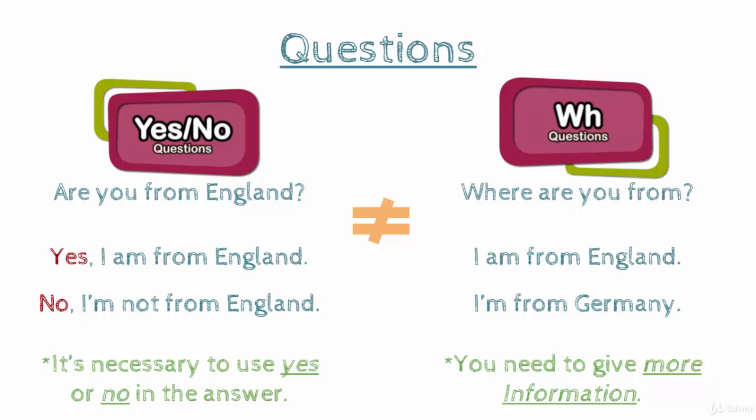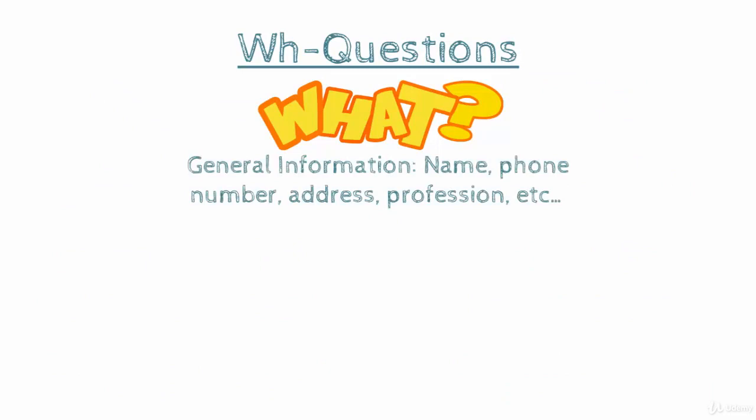Now, let's take a look at the different WH questions, okay? The first one we're going to talk about is what. Now, we use what for general information, okay? So, questions about name, phone number, address, profession, etc. Let's take a look at some examples.